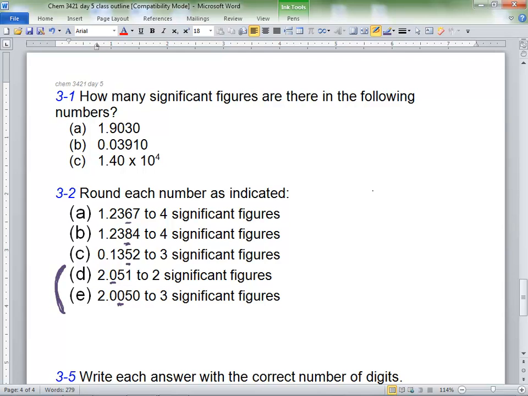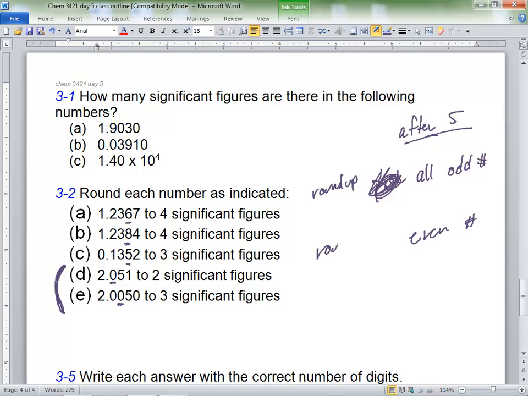So what you should do is you just pick one. Okay, I'm going to pick all odd numbers, right? After the 5. I'm talking about the numbers after the 5. If it's odd, I'm going to round up. If it's an even number, I'm going to round down.